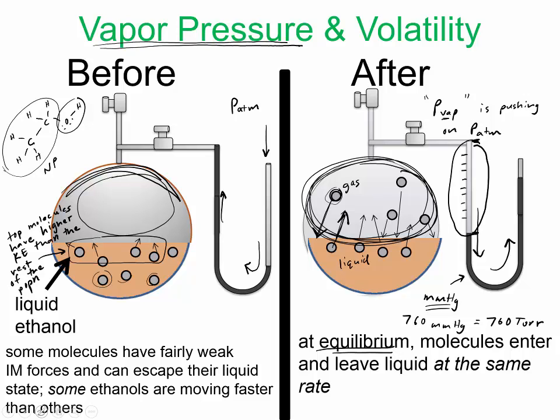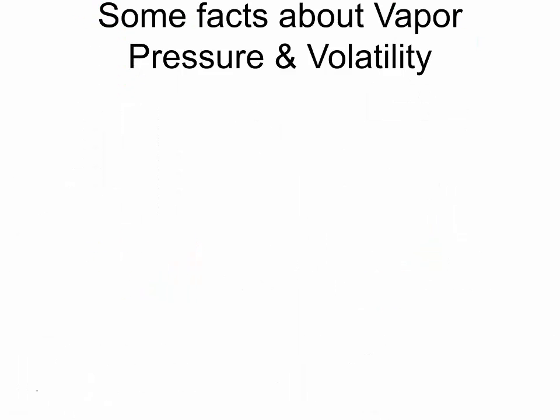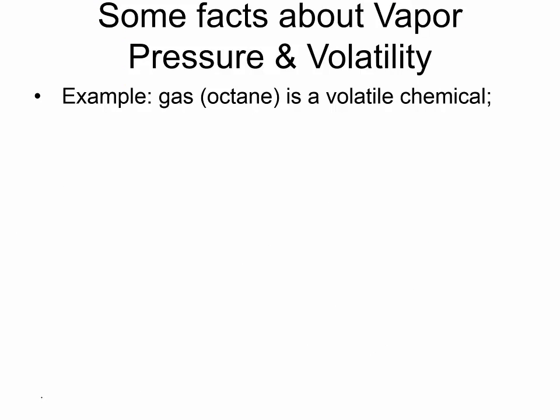So those two units are equivalent. Okay, so a couple other interesting facts about vapor pressure and volatility. Another example you might be familiar with is gasoline. When you go to the gas station, if you spill some accidentally when you take the pump out of the gas tank, and some comes out of the nozzle, you might see a few drops sitting right outside the gas tank, and you'll notice that immediately those drops are going to form vapor.